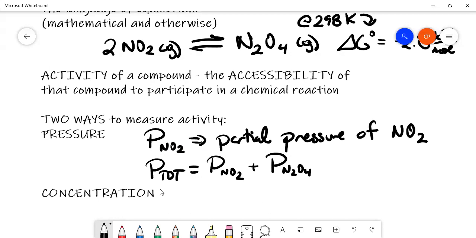Now, how does concentration get measured? Deep, dark Gen Chem 1 reminder. How does concentration get measured?